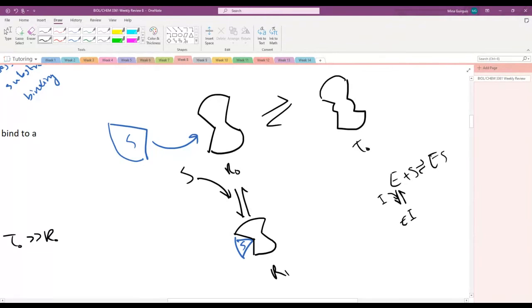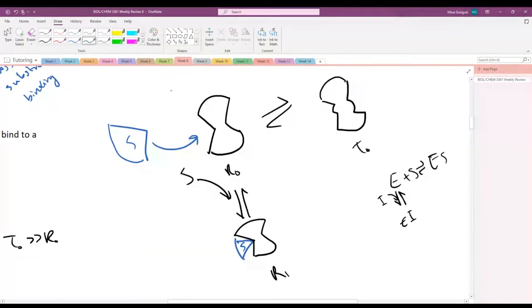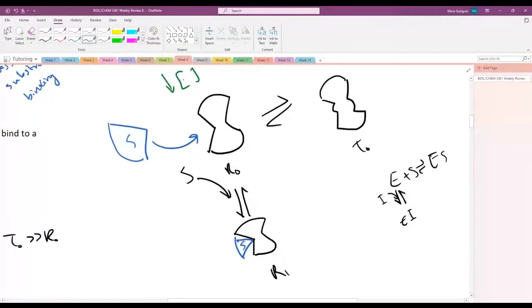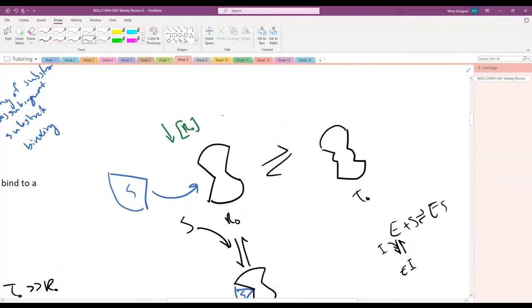If we bound some of R0 and turn it into R1, we've effectively decreased the concentration of R0. Well, when we decrease the concentration of R0, looking at this equilibrium, what's going to happen based on Le Chatelier's principle? This equilibrium will shift to the left.